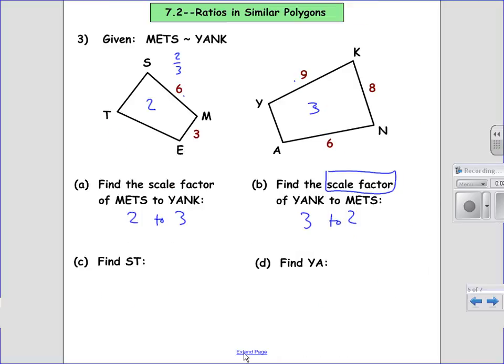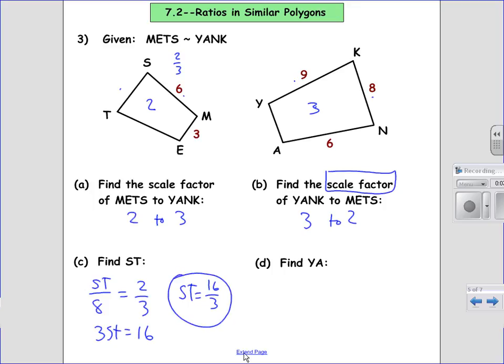For ST, well, that's compared to the 8. So ST is to 8, its corresponding side in the other figure, as 2 is to 3. 3ST equals 16. ST equals 16 over 3, which is 5 and a third.